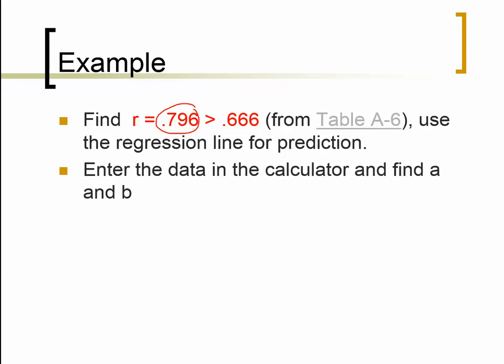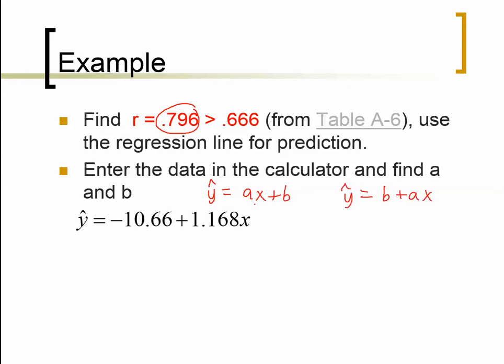the regression line. So from the calculator we need to then find a and b, and so you can either write it in slope-intercept form, y hat equals ax plus b, or you can have it switched around, b plus ax. But either way, make sure that you put the a next to x. It is the slope.